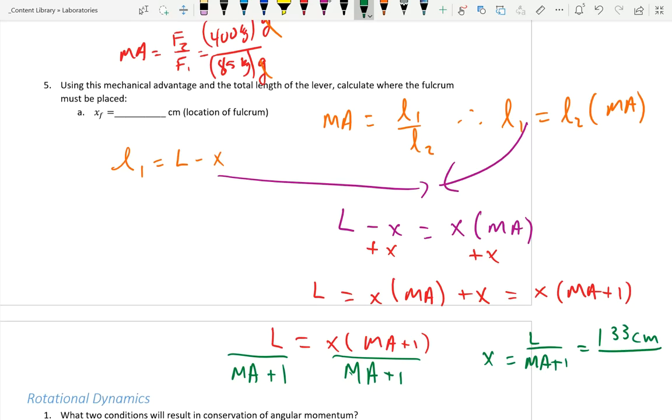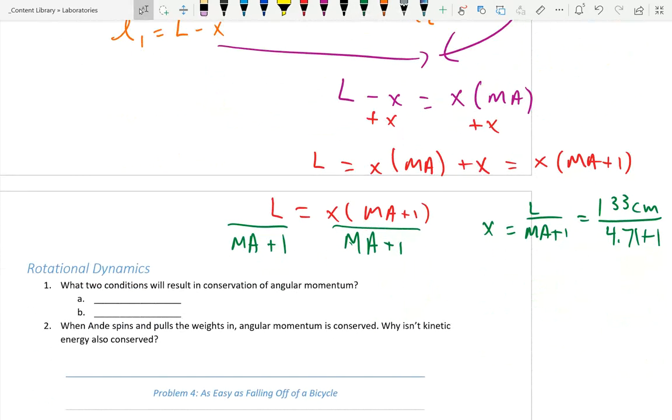Divided by our mechanical advantage of 4.71 plus 1. Yes, 4.71, because I keep an extra significant digit so I don't lose accuracy. And so 133 divided by 5.71.